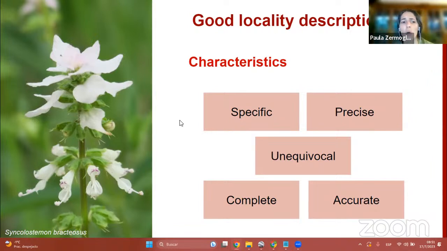And so we have to keep that in mind, because not only the locality descriptions, but the georeferences that we make need to be useful for people in the future. So it's going to be very, very important that we keep this temporal change in mind when we georeference and then when we share the data.